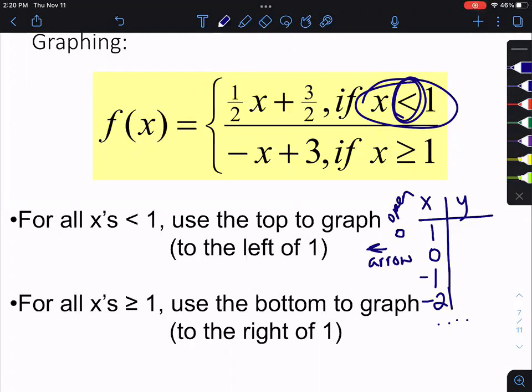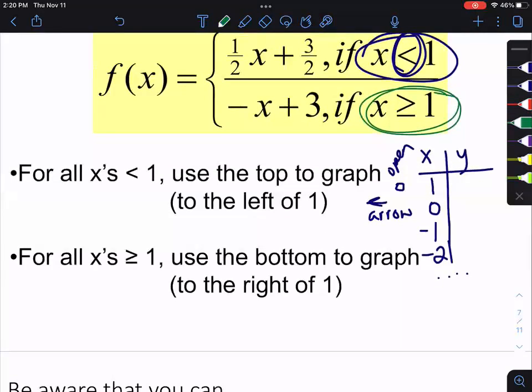The bottom portion here is for any x value that's greater than or equal to 1. So that's going to be to the right of 1. So I'm going to have another XY table. I'm going to start at 1 and I'm going to head to the right of 1, 2, 3, 4, etc. So again, my arrow is going to the right.